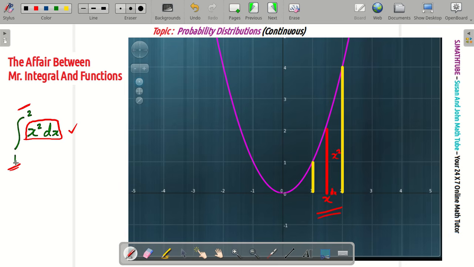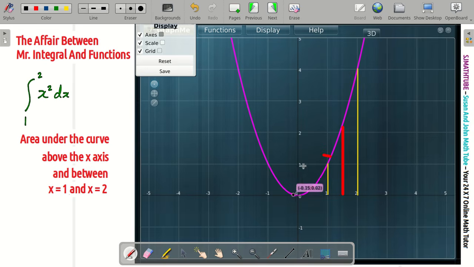We are going to add from 1 to 2 all the rectangles. Just imagine, I can create many rectangles like this. So now you tell me, if I add all those areas, what am I going to get? Exactly, I'll get the area under the curve above the x-axis and between 1 and 2.